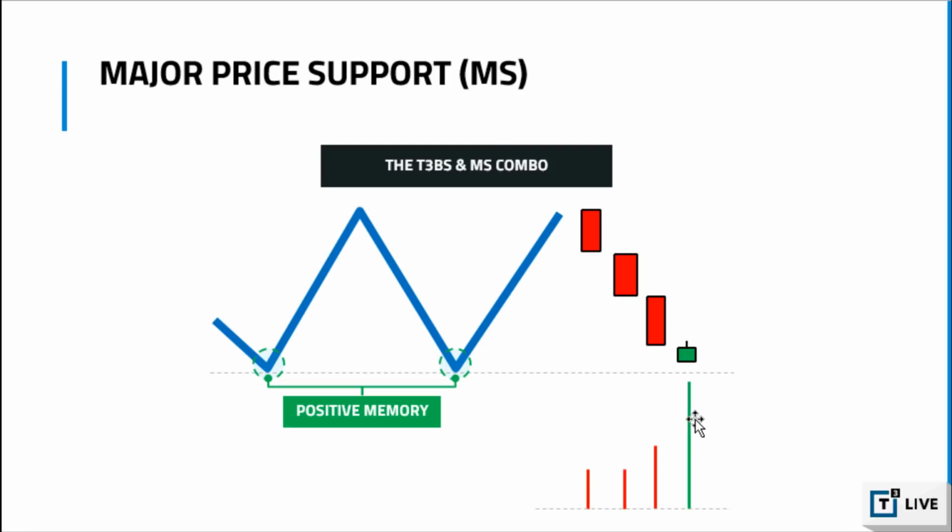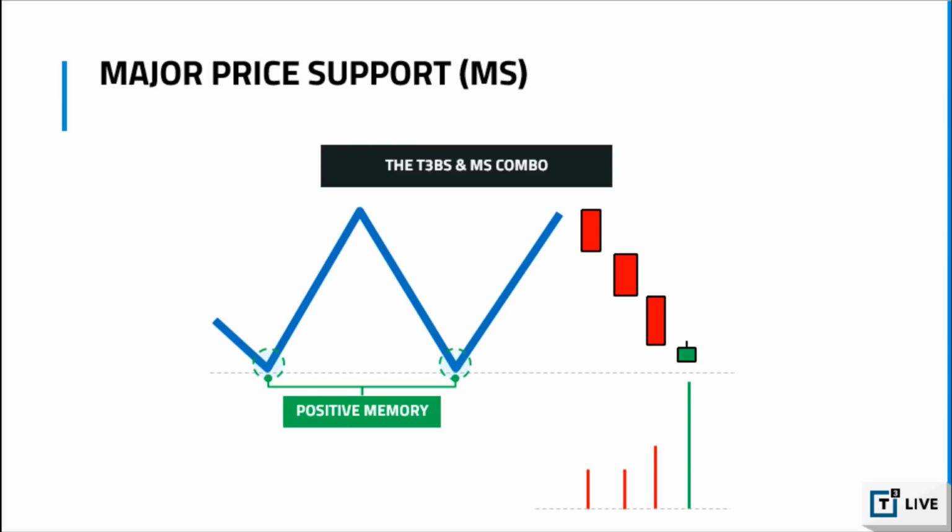If you have a spike in volume, if you have a narrow range bar, and if you have what is called a COG bar, or changing the guard bar, those are all additional amplifiers. So the major support is an amplifier, the spike in volume is an amplifier, the changing the guard is an amplifier, and the narrow range bar is an amplifier.